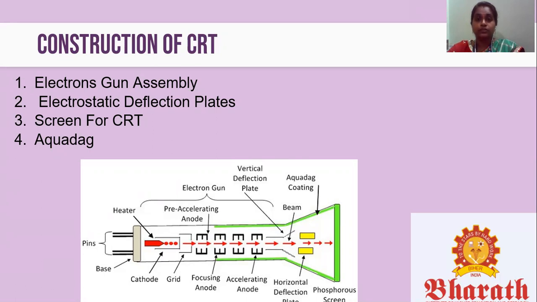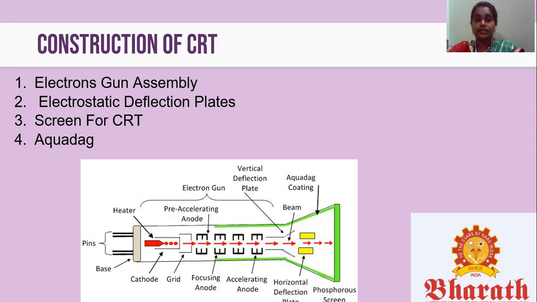The electrons which are emitted pass across the accelerating anodes. The beam is focused by the focusing anode. The accelerating and focusing anodes are cylindrical in shape, with a small opening in the center of each anode. After exiting the focusing anode, the beam passes through the vertical and horizontal deflecting plates.